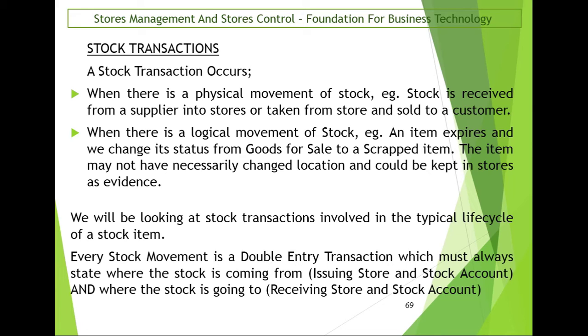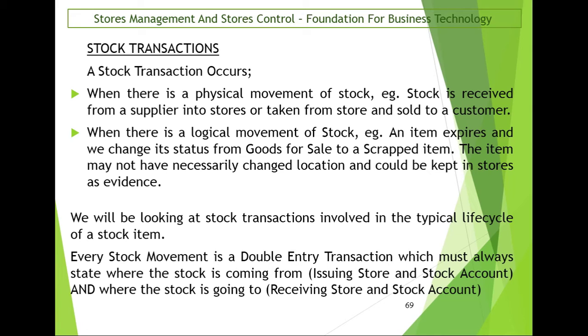That item may not have necessarily changed location, but could be kept in stores as evidence. Logically, it has moved from the goods for sale account into the scrap account. So it is not all stock transactions that result in a physical movement of stock.